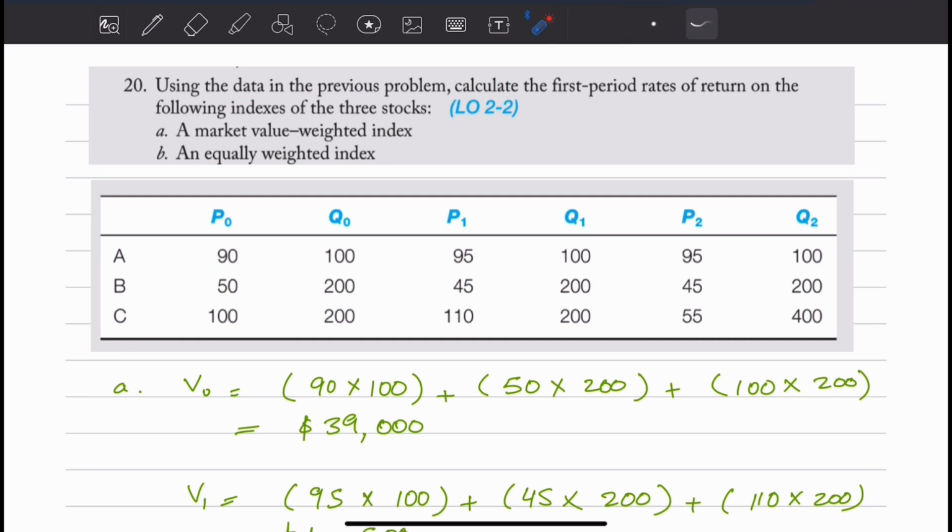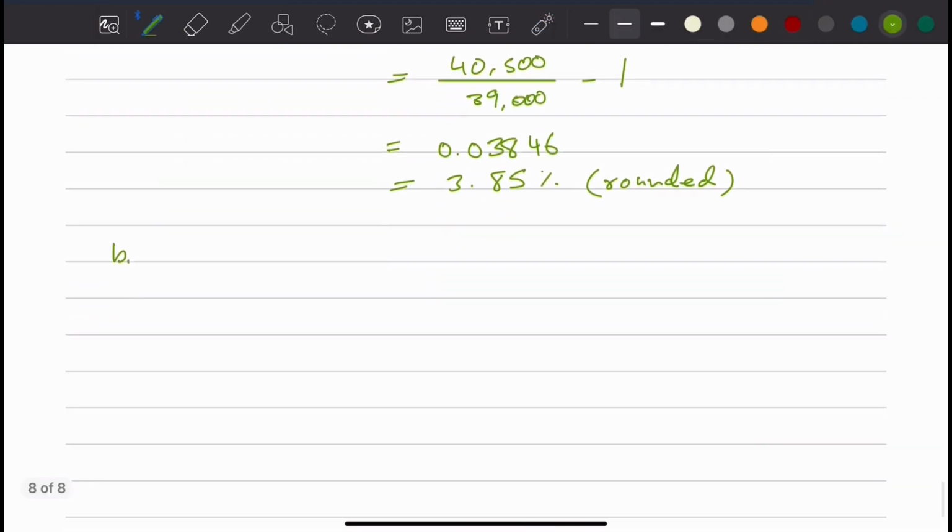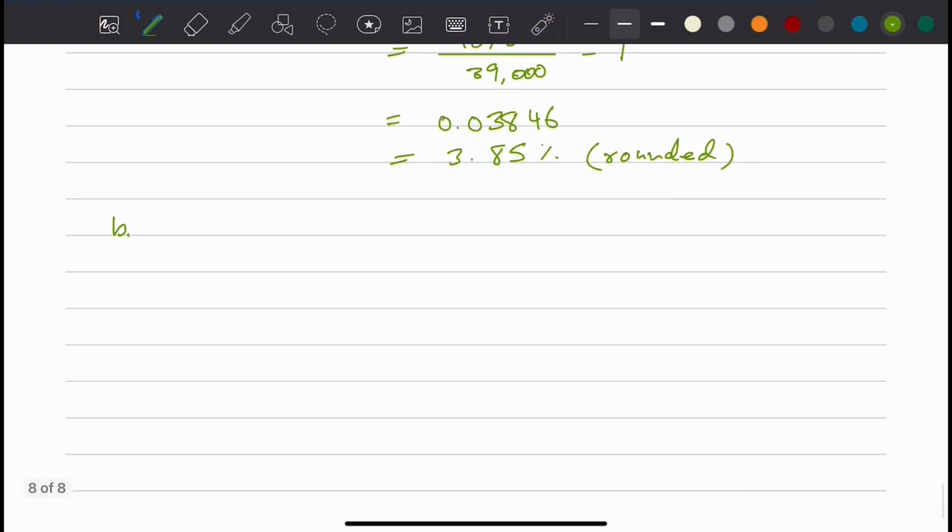So based on the changes in price, we first need to see what was the rate of return on stock A, and what was the rate of return on stock B, and what was the rate of return on stock C, individually, and then we take their average, and that will be the rate of return on an equally weighted index. So the return on stock A equals the value at time 1 over the value at time 0 minus 1.